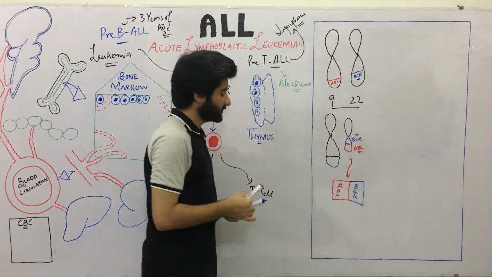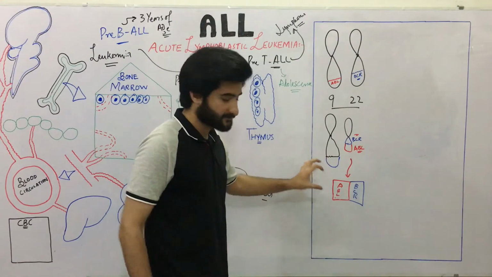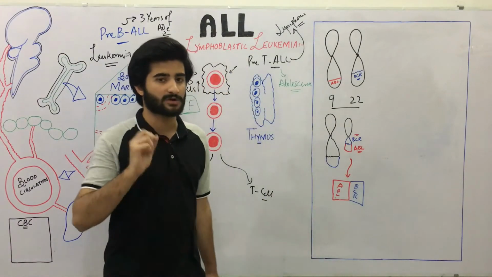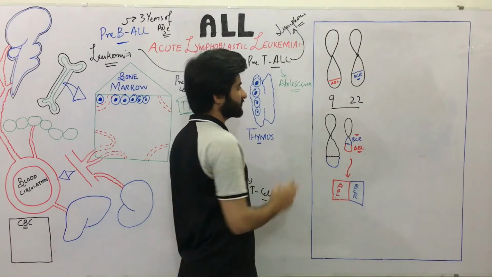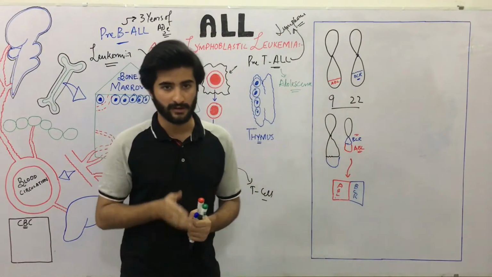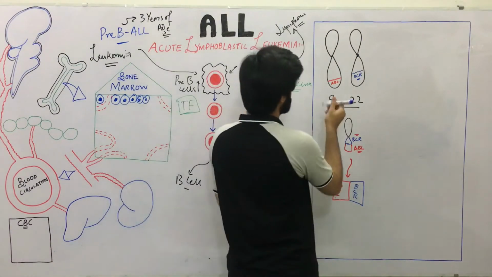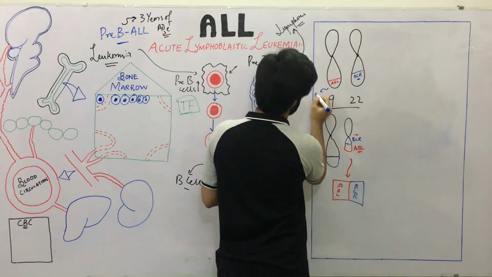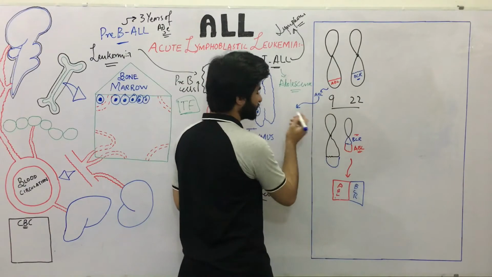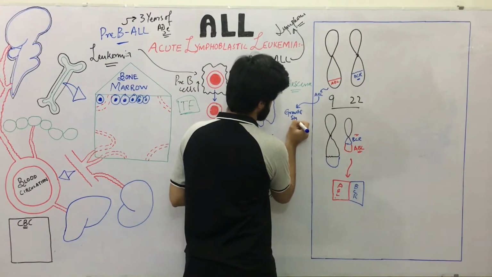So we have a new protein formed, a chimeric protein that is a fusion of both ABL and BCR. Now what was the normal function of ABL? The normal function of ABL was that when it was stimulated, it forwarded growth signals. When ABL alone was stimulated, it gave pro-growth signals.